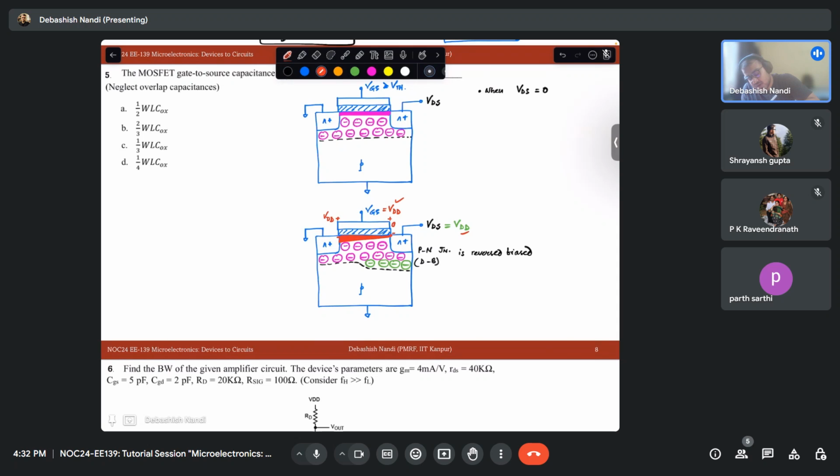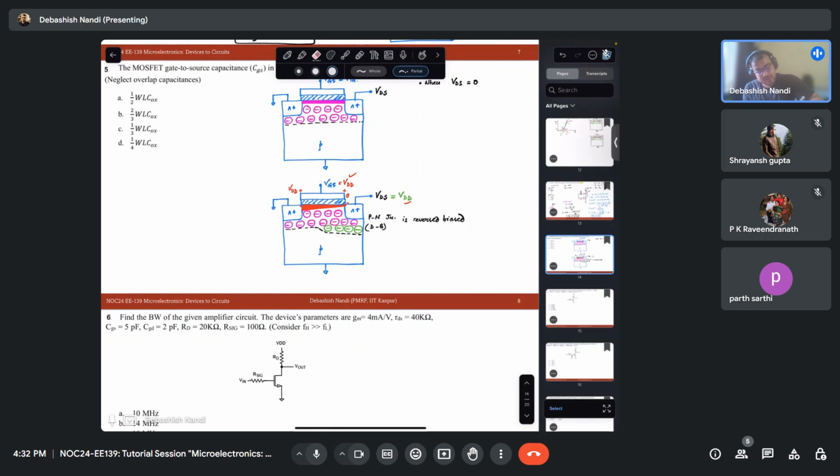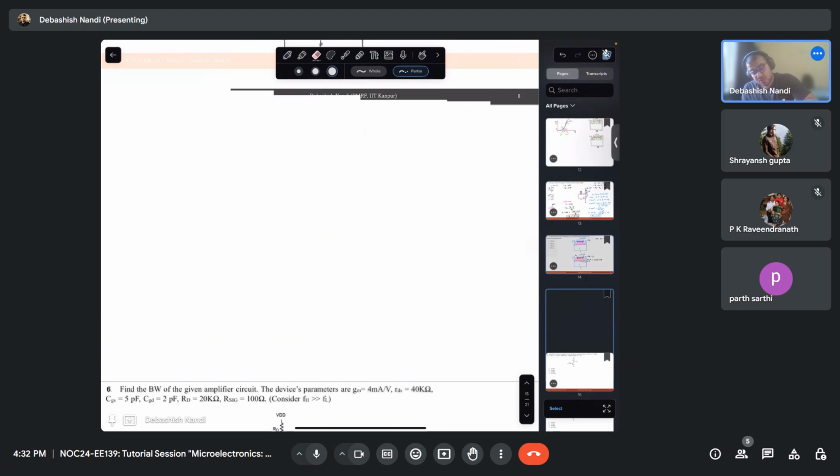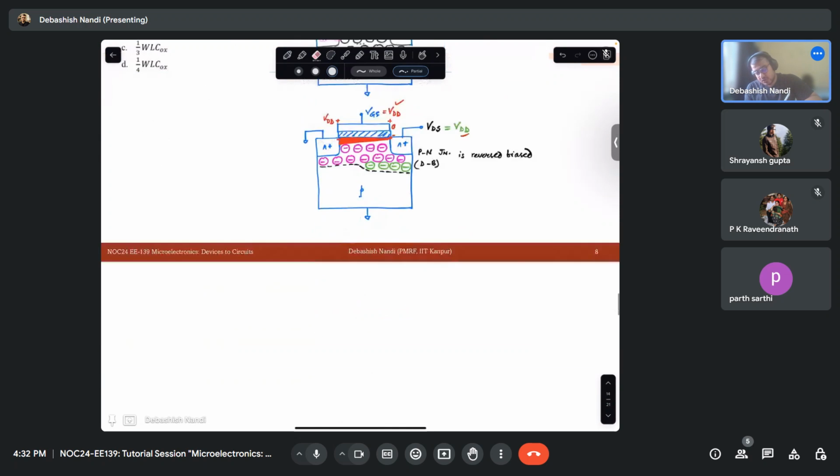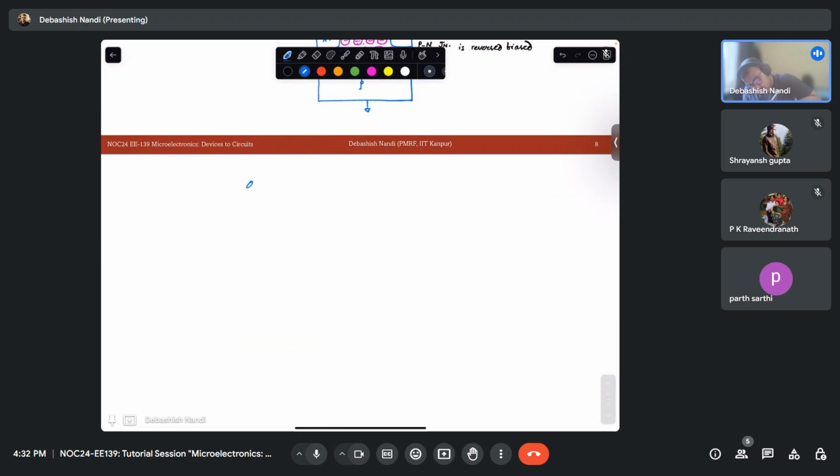Let me not go right away, I'll just explain something more. Okay. So again, now your QG is equal to QS plus QB plus QI.